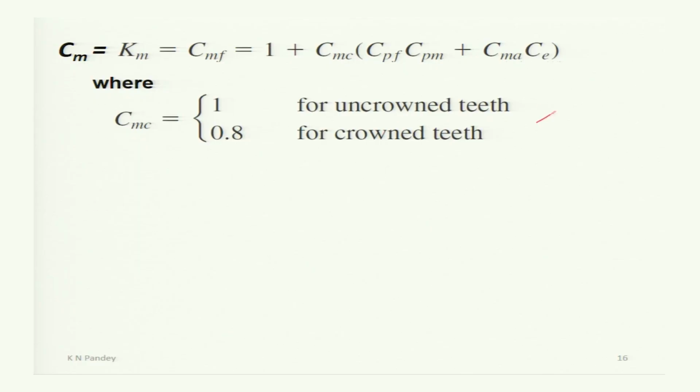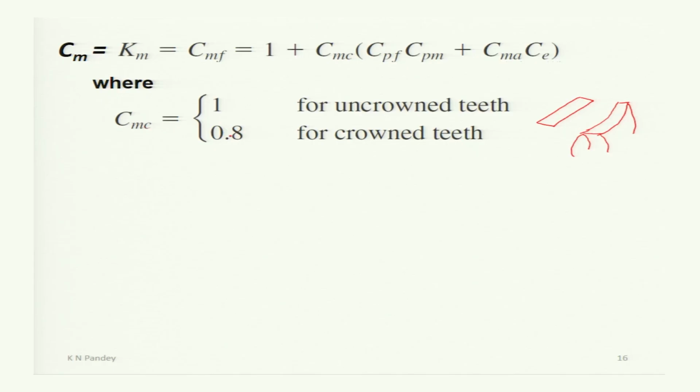Uncrowned teeth means the face width is flat. Crowned means it is curved, like this. The gear tooth is this one, a curve is there, crowning is there for better engagement. For some cases it is done.